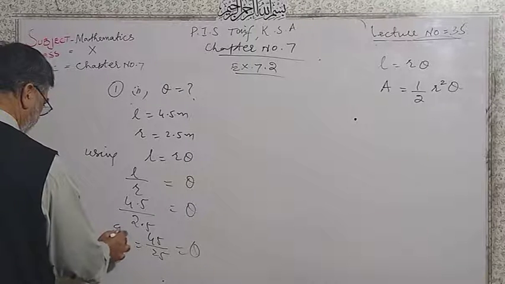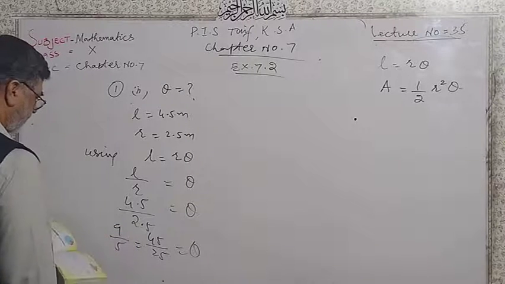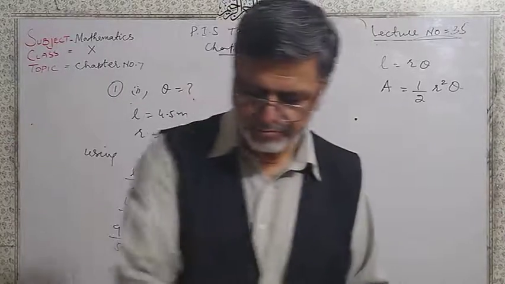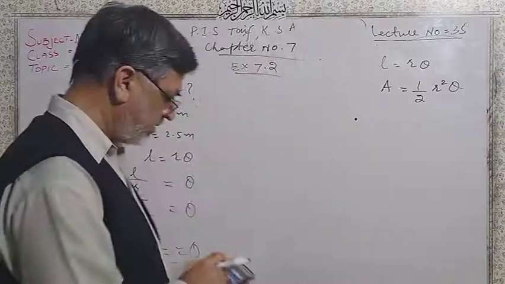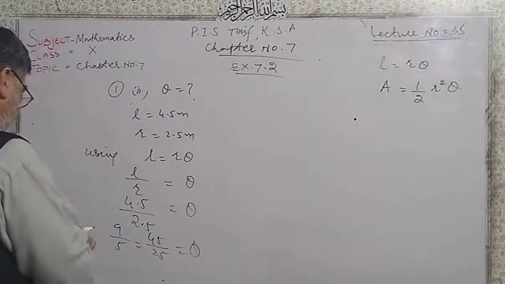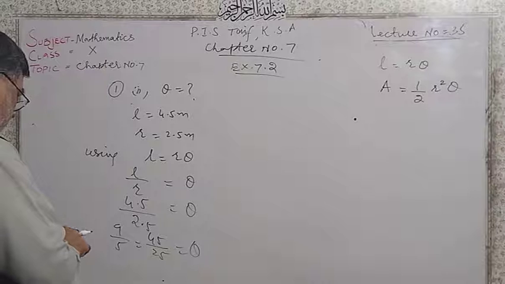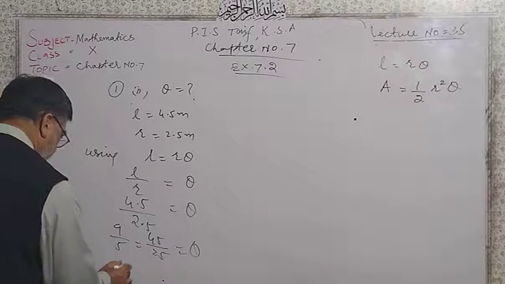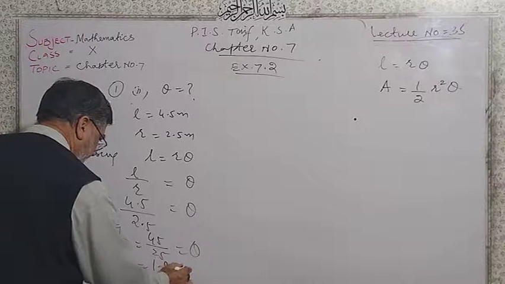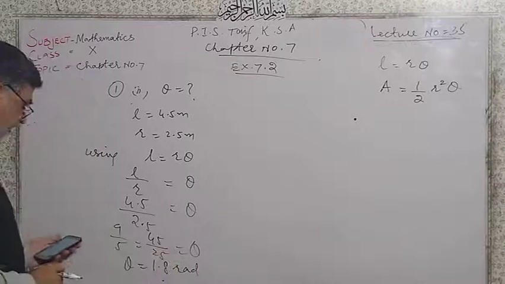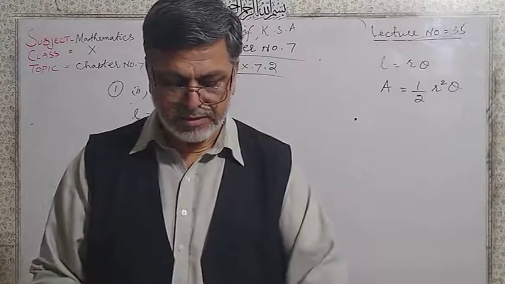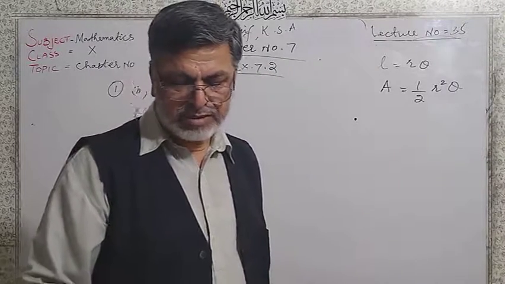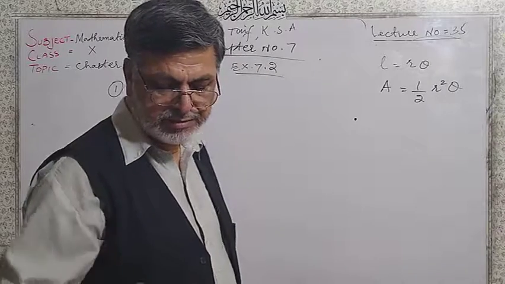That will be 9 over 5, so we can have 1.8. So theta is equal to 1.8 radian. That's your answer.